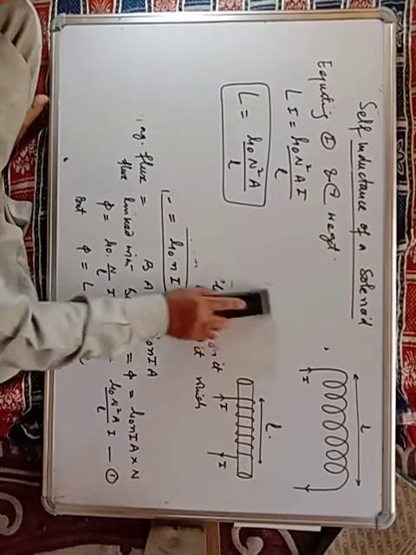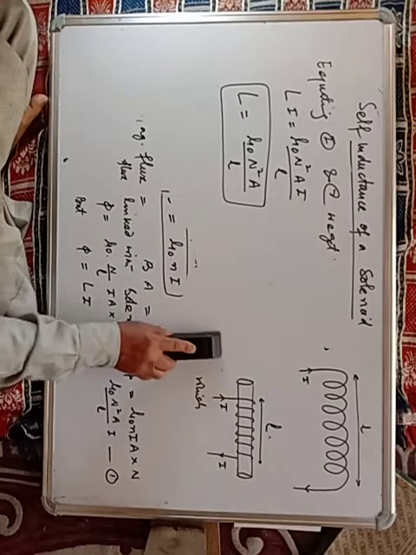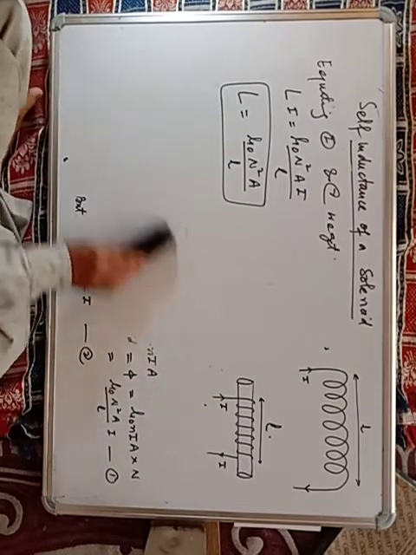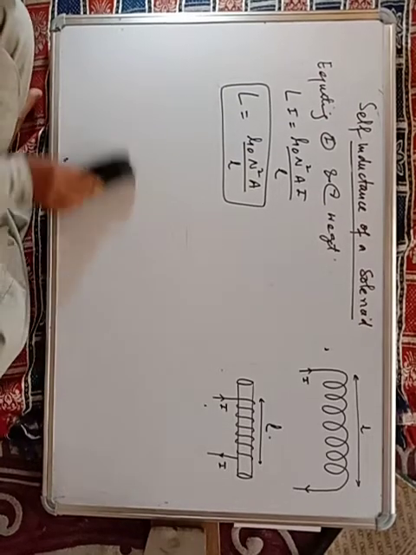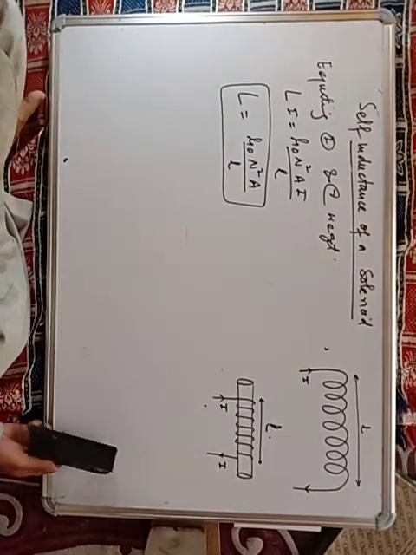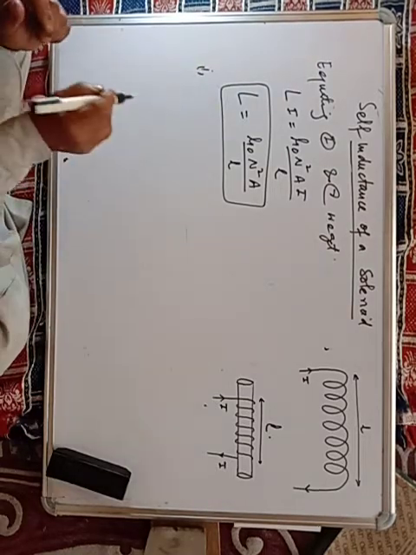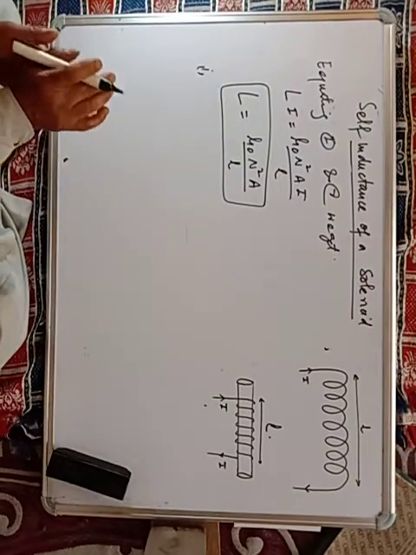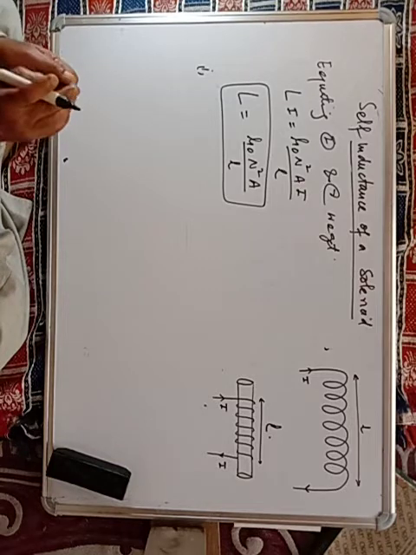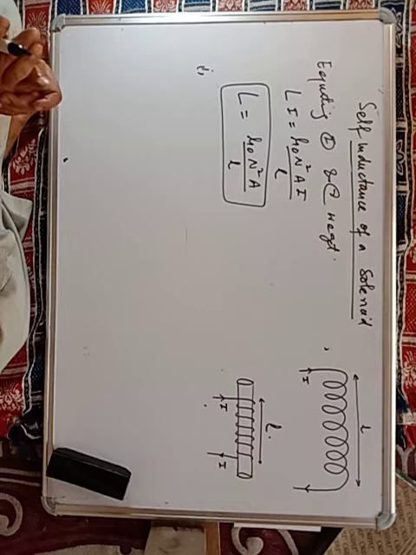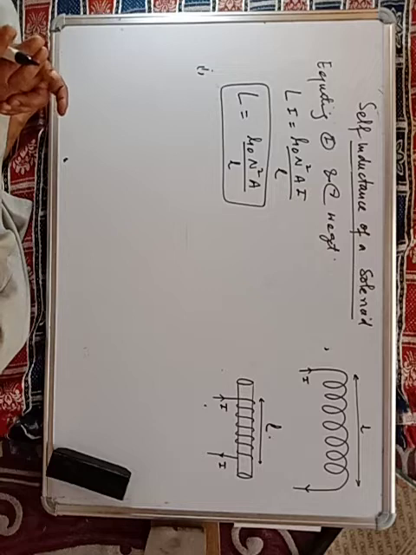of a long solenoid. So from the expression it is clear that inductance of a coil depends upon, or we can say is directly proportional to, the number of turns.